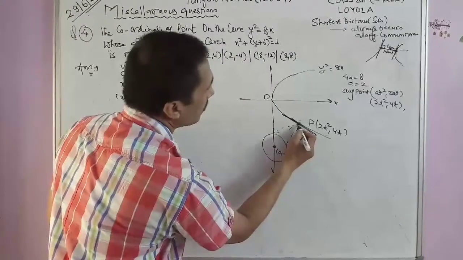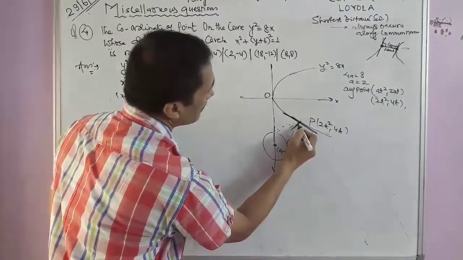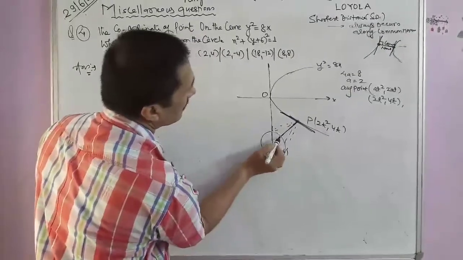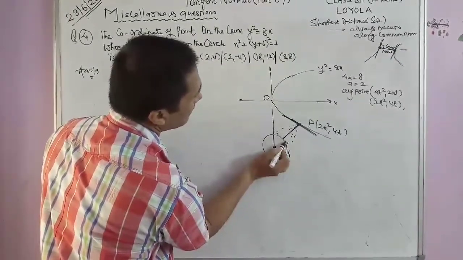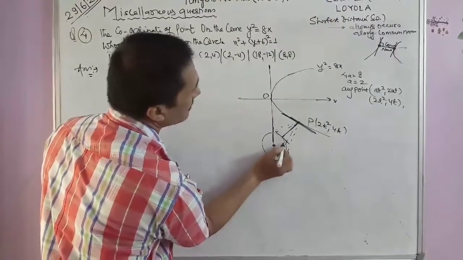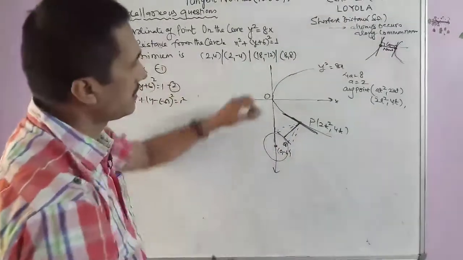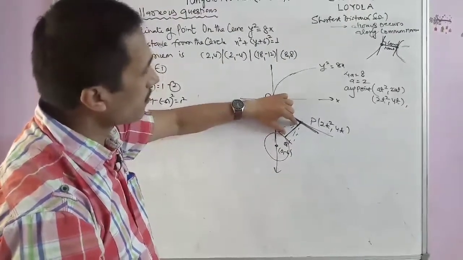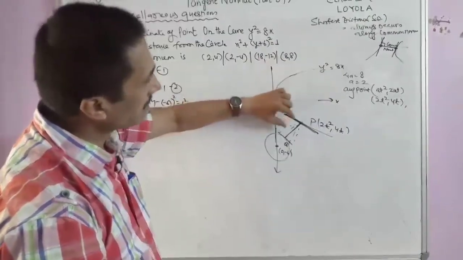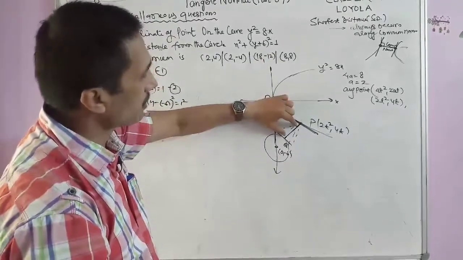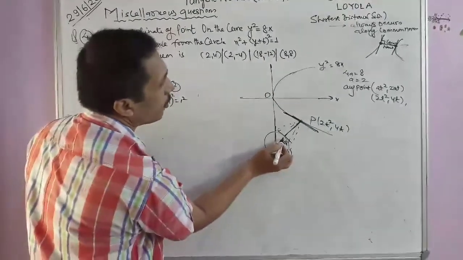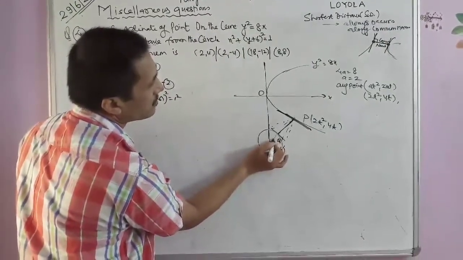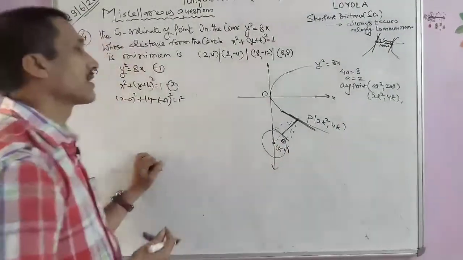So the normal at point P is necessarily the normal at point Q to the curve. This is the common normal on the two curves, and then this will be shortest. Normal on the circle means this must pass through the center of the circle.